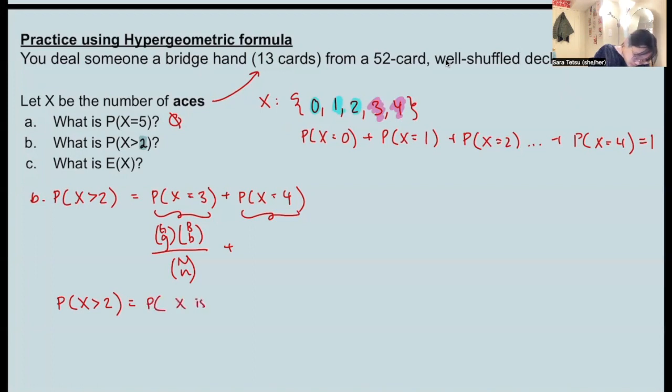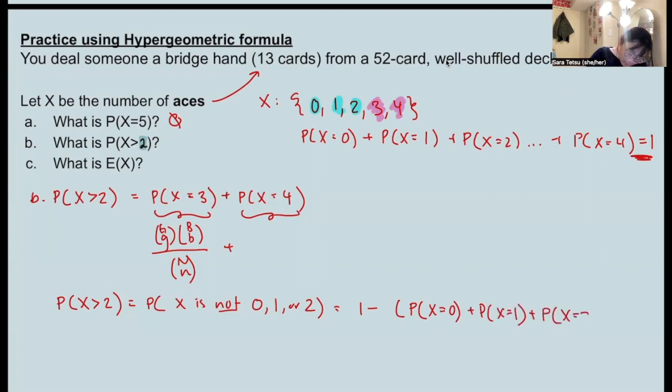Which, because the probabilities all sum to 1, like we said earlier, is equal to 1 minus the probability that X is equal to 0 plus the probability that X is equal to 1 plus the probability that X is equal to 2.